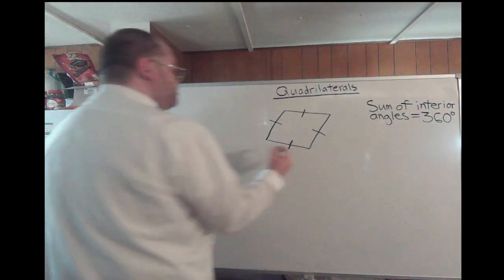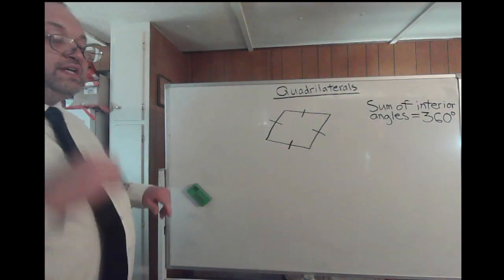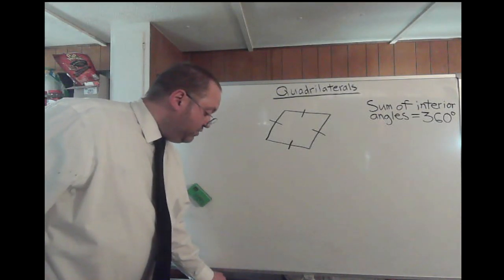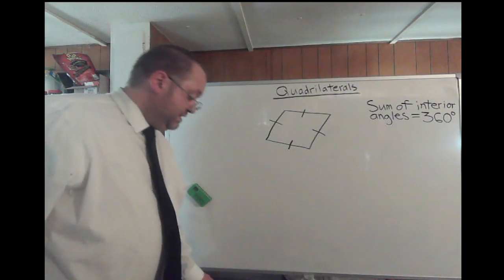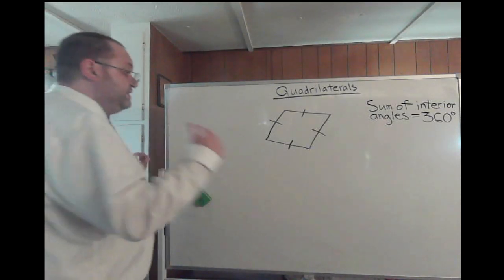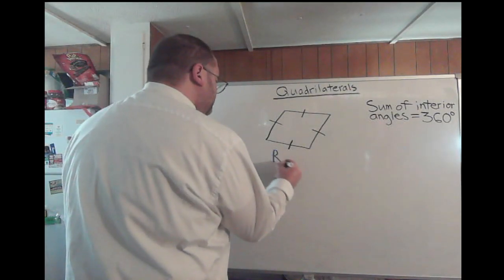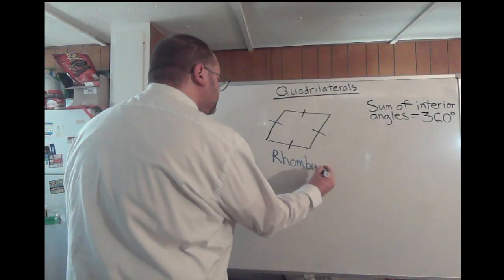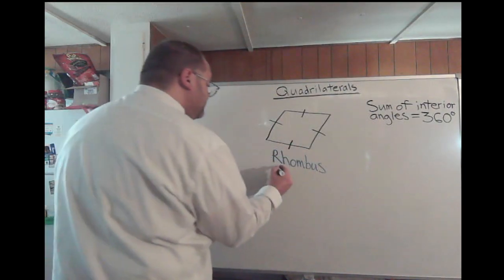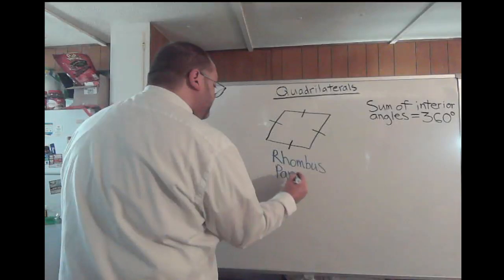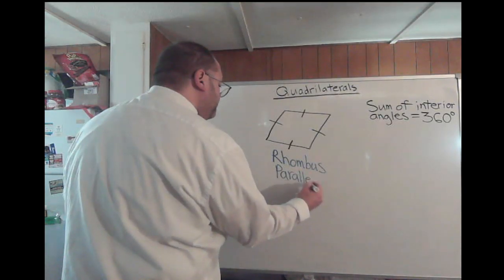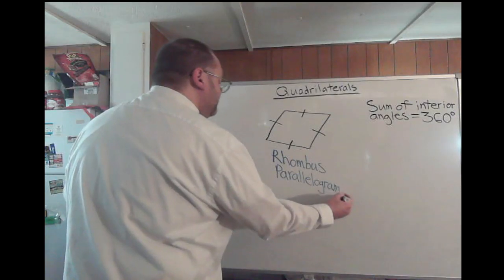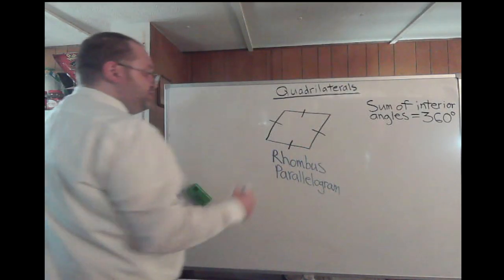We have a quadrilateral with four congruent sides. We could definitely say this is a rhombus because all four sides are congruent. If it's a rhombus, that means it's a parallelogram. It's for sure a parallelogram because in a parallelogram, at least both pairs of opposite sides are congruent.